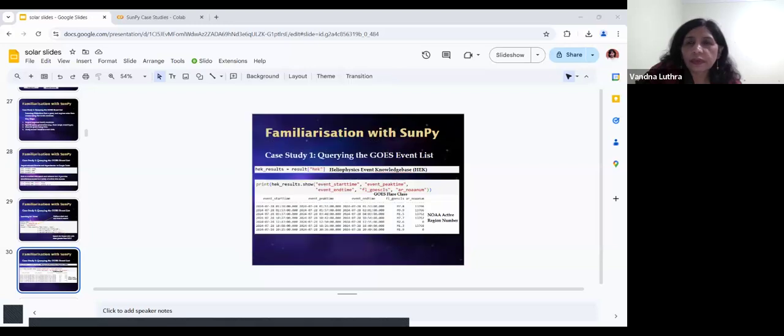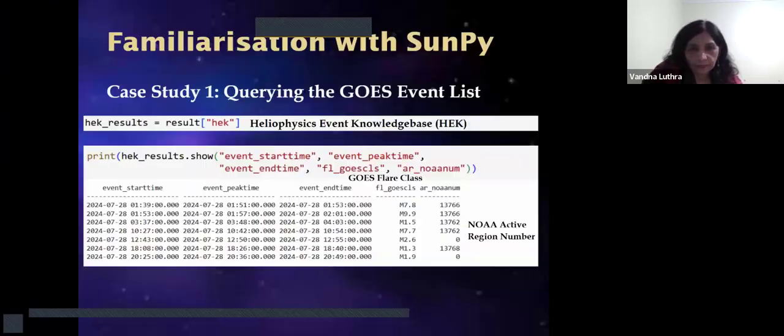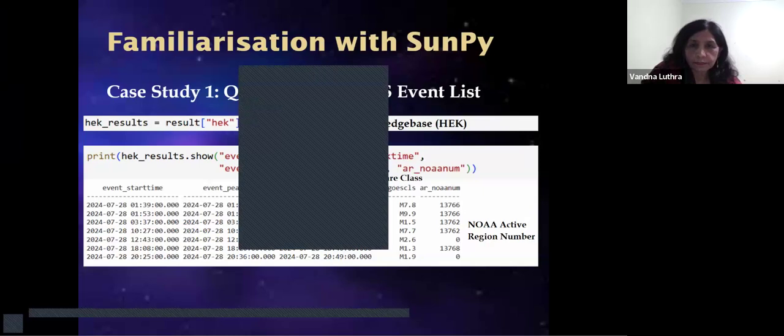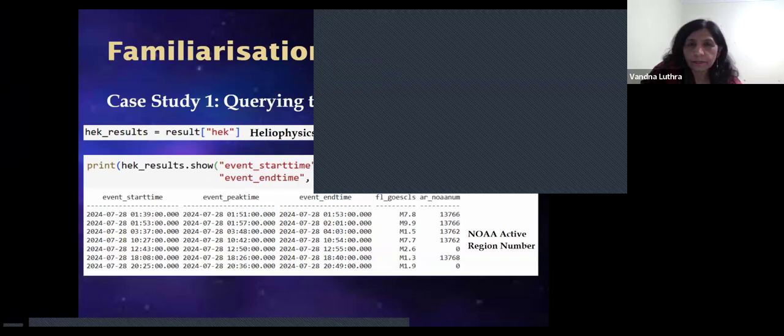I can make it a full screen, no worries. Is it okay now? Siddharth also has got it. Got it. Okay. So should I wait for some other time?